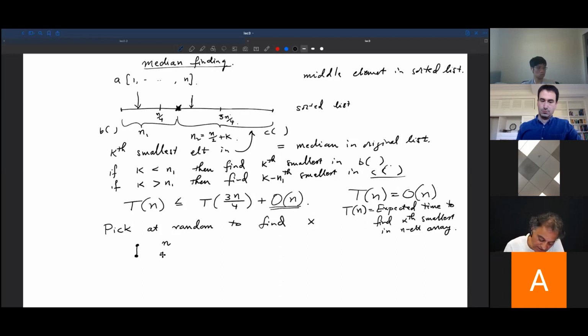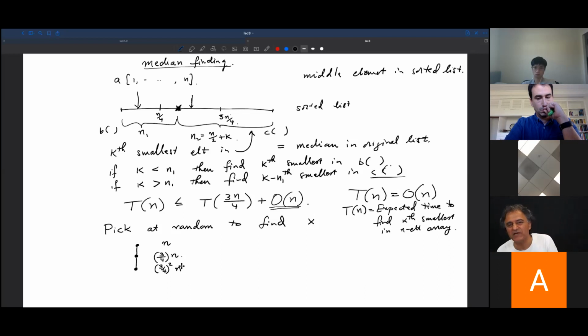And at the next level, it takes at most 3/4 times n. The next level, it takes 3/4 squared times n. Here, I'm not using expected time. I'm saying, suppose we had a magic way of finding this element. Then this is how much time it would take. You get 3 over 4 cubed times n, and so on.